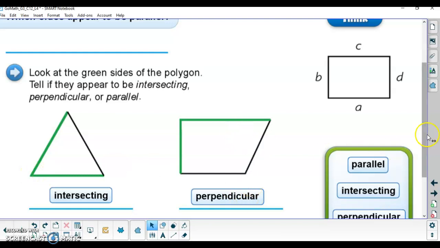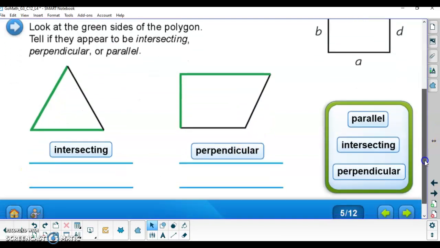If we look over here at this shape, let me get my line up here, where they meet together, that little point that they meet together forms that right angle. So those are perpendicular lines. But we also know that they're going to be crossing each other at this point.